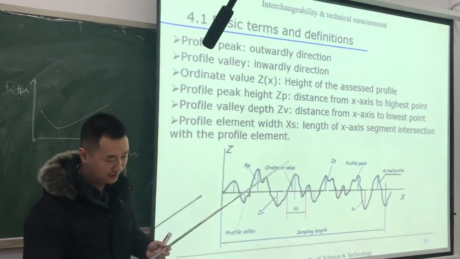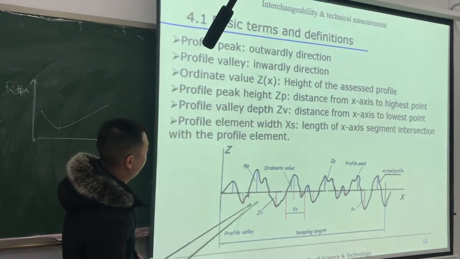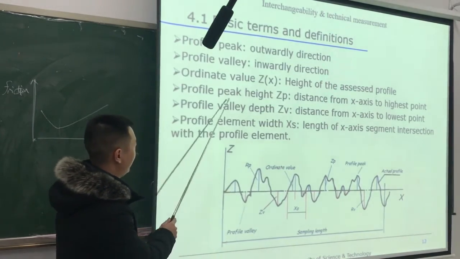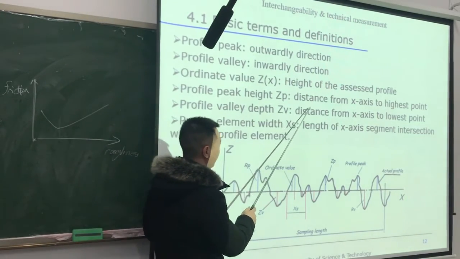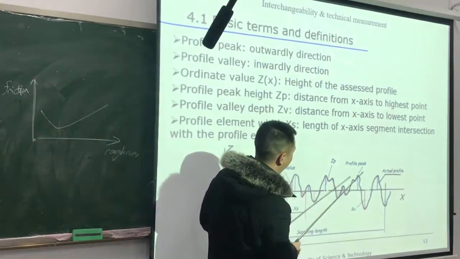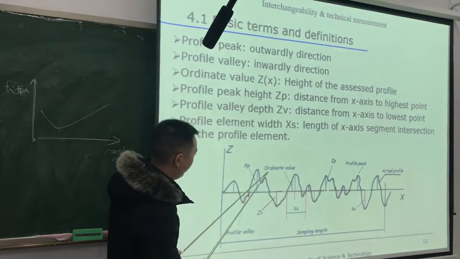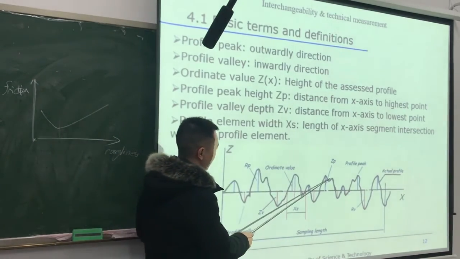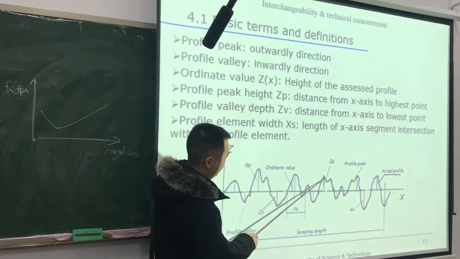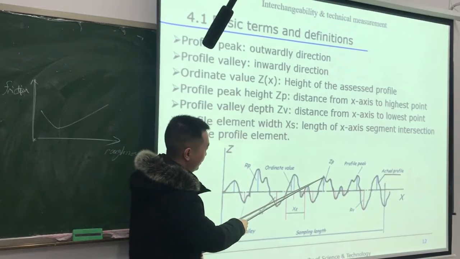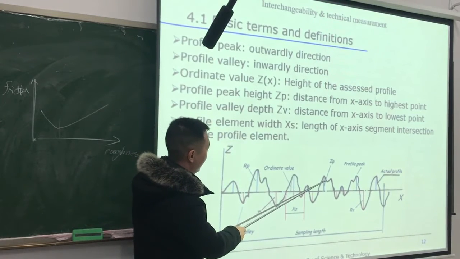And for this profile, we can get the profile peak height zp, which is the distance from the axis to the highest point. So in this profile, the highest point is here. It may not be perfectly correct, but here we treat this point as the highest point.